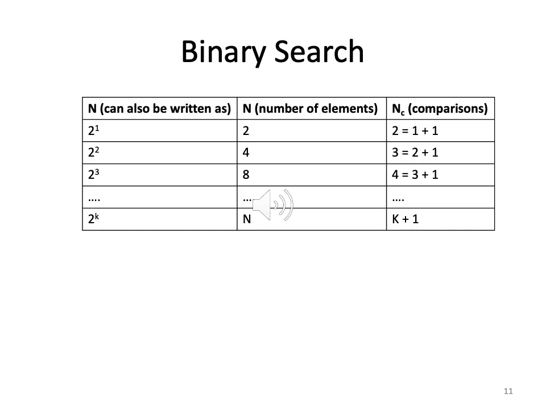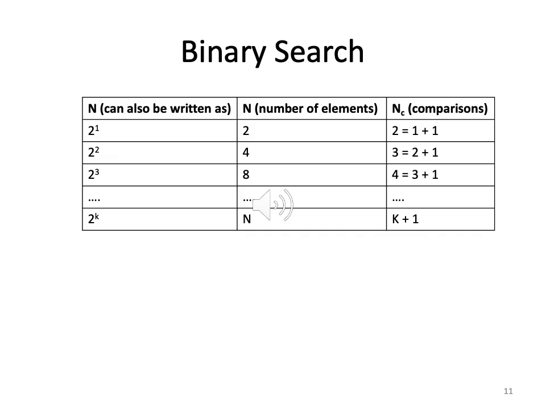So now it's easy to see what the value of k is. k will be the number of comparisons when the number of elements is n. We can see why, because for the first row the power is 1, and 1 plus 1. For row 2 the power is 2, and then in the last row, k plus 1.